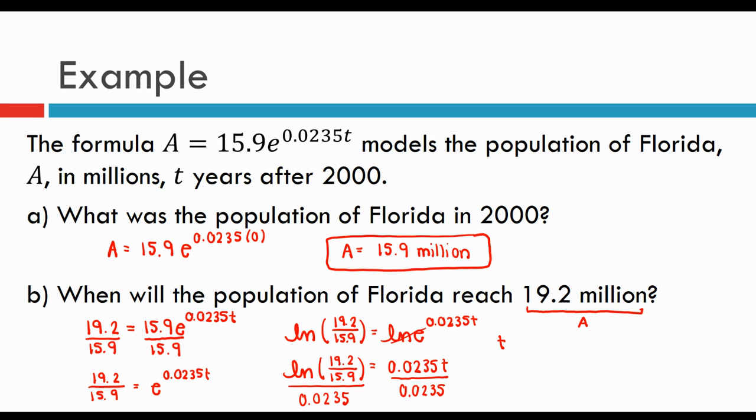So we're going to have natural log 19.2 divided by 15.9, close the parenthesis, and then divide by that 0.0235. And so it looks like we're approximately 8.03 years. Okay, so that means that we're approximately 8 years after 2000. So 2000 plus 8 would be that in 2008, we have that population of 19.2 million.